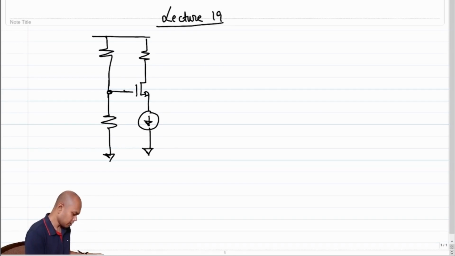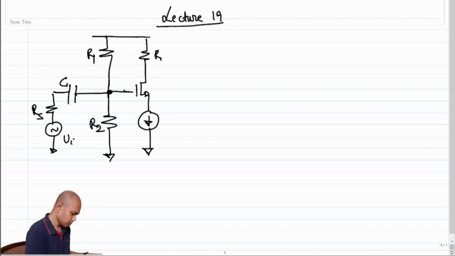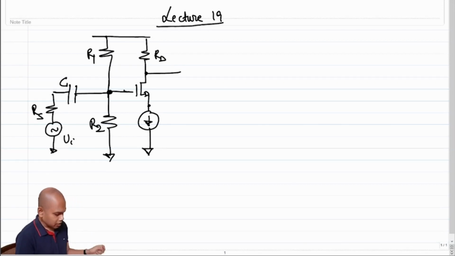And then we had to apply an input, we had to AC couple the input. That's what we did. However, we saw that in a common source amplifier the source has to be incrementally grounded.